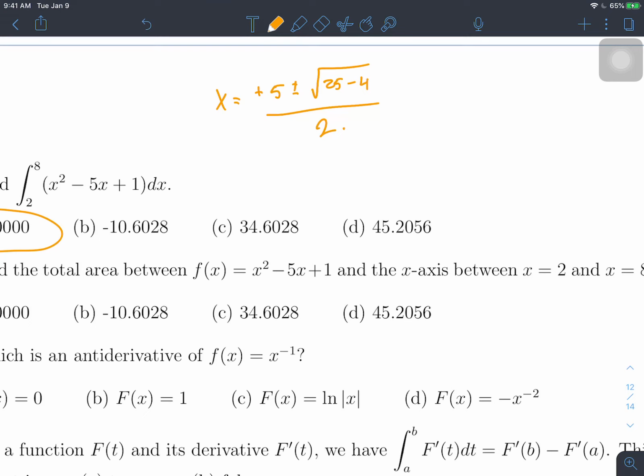So 5 plus or minus the square root of 21 over 2. So let's take the square root of 21 and add 5 to it and divide by 2.